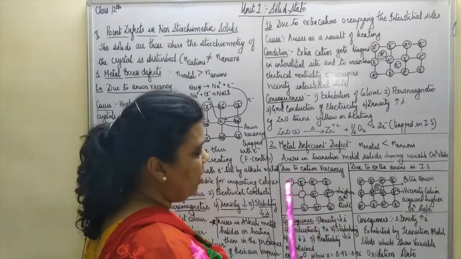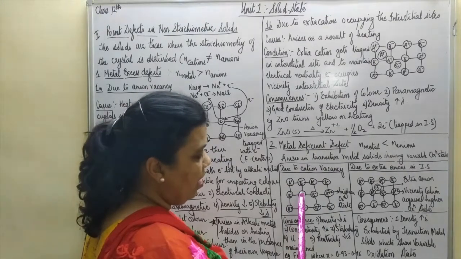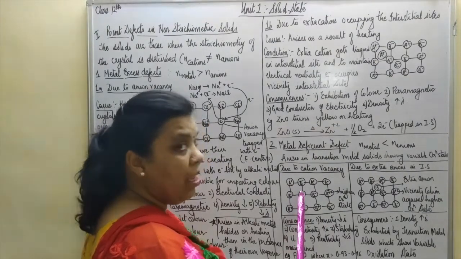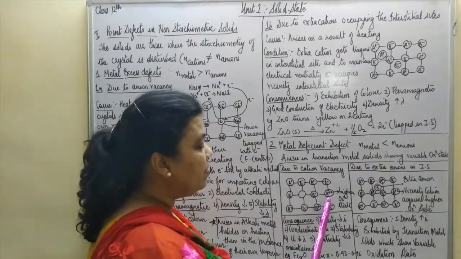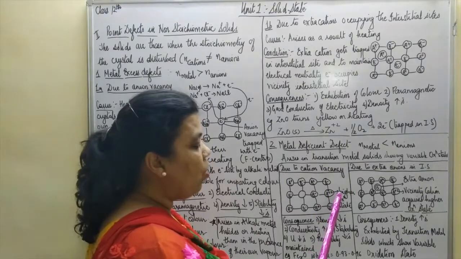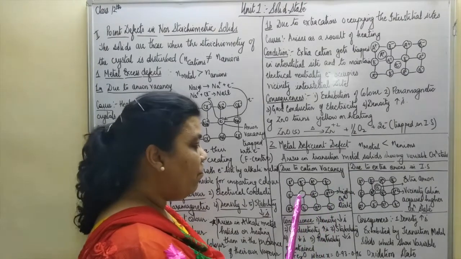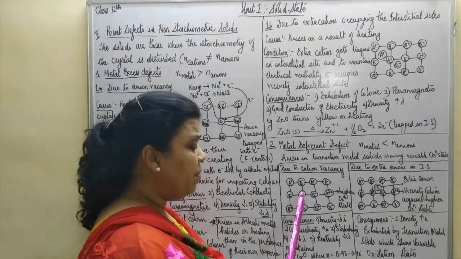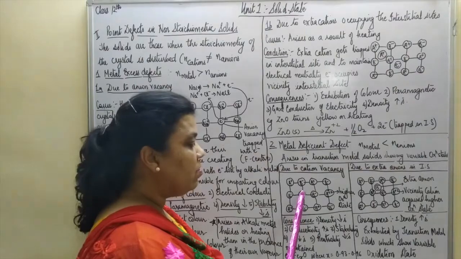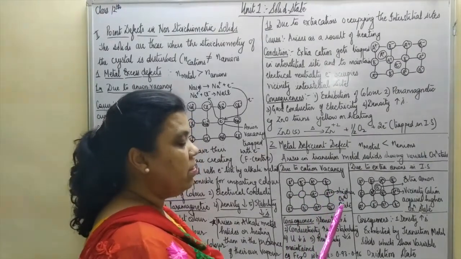Now, let me take a crystal here, A+ B-, A+ B-. This is a transition metal crystal, and here you can see that there is a cation vacancy. And if there is a cation vacancy, then how is this loss of positive charge being compensated? It is compensated by the vicinity cation acquiring higher oxidation state. You can see here that from this side the cation has been lost from the lattice, developing a cation vacancy, and to maintain this loss of positive charge, the vicinity cation will acquire higher oxidation state.